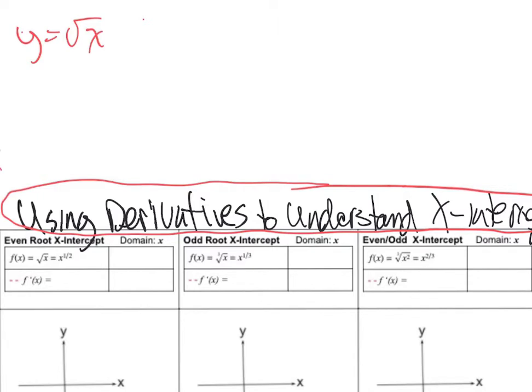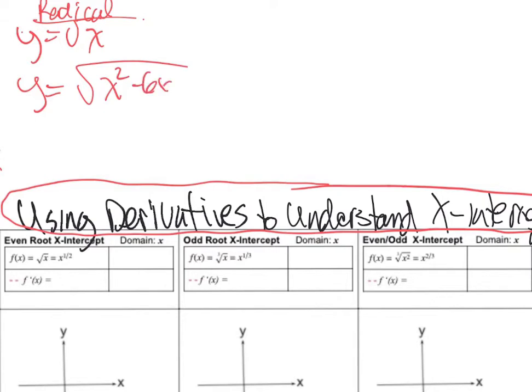Let me make these radical functions here. Can you see that? Yeah, you can. So radical functions: y equals root x. y equals the square root of x squared minus 6x. Now that's a radical function, but it's also a composite function, right?